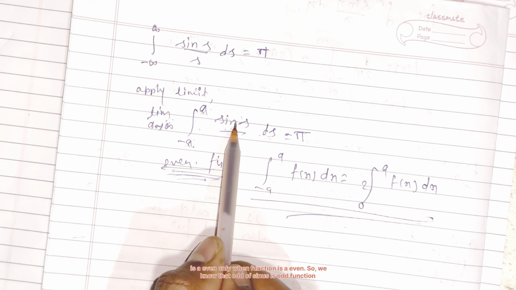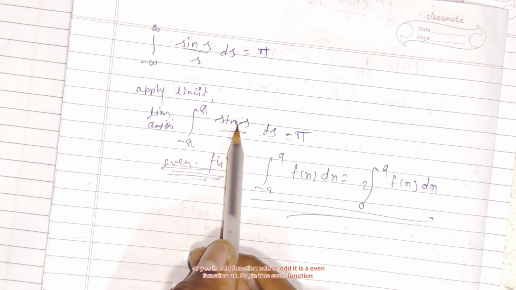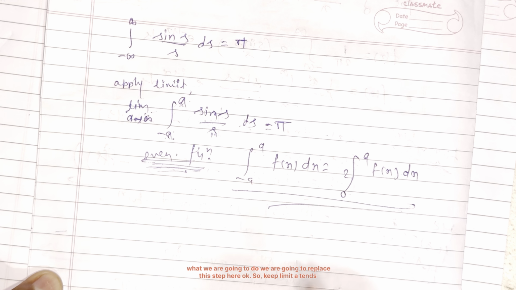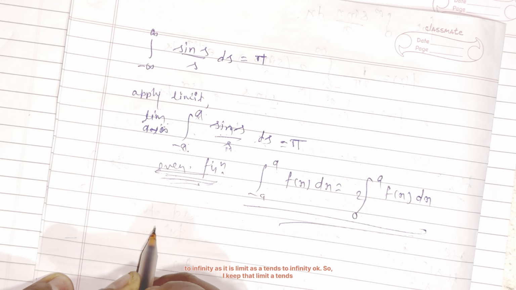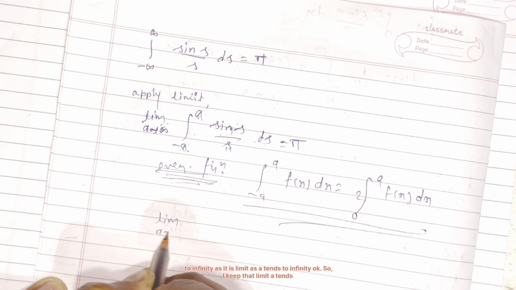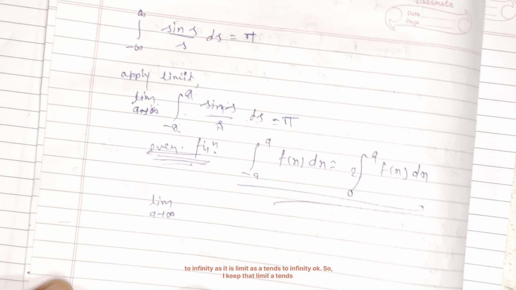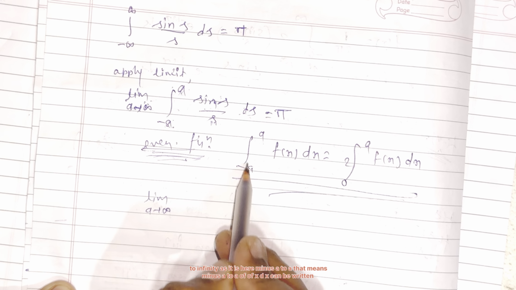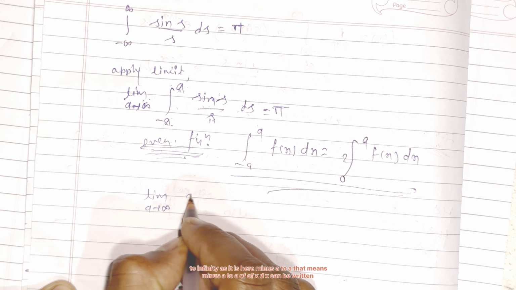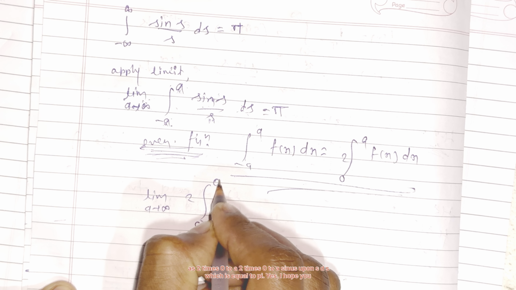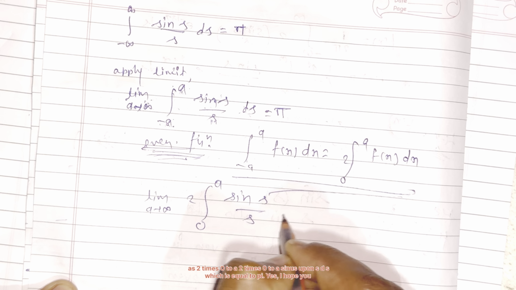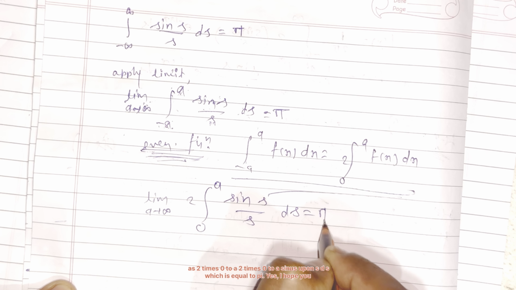So we know that sin s is an odd function, s is an odd function, and odd upon odd is an even function. So in this even function, we are going to replace this step here. Keep the limit a tends to infinity as it is. The integral from minus a to a of f of x dx can be written as 2 times the integral from 0 to a of sin s upon s ds, which is equal to pi.